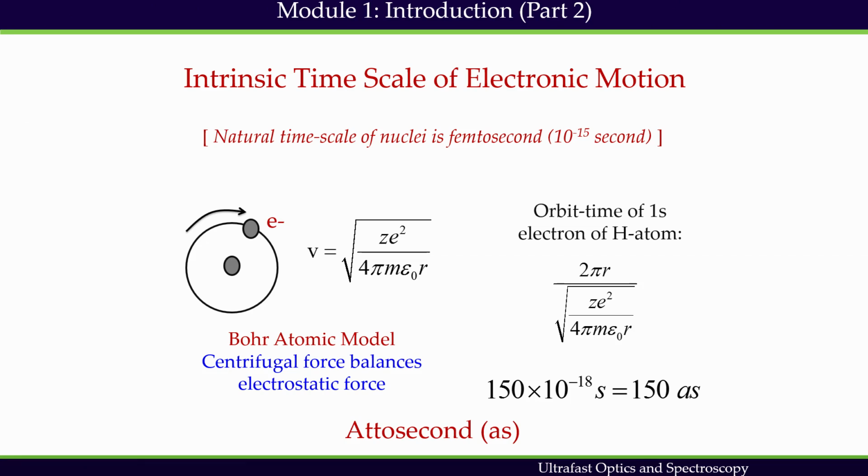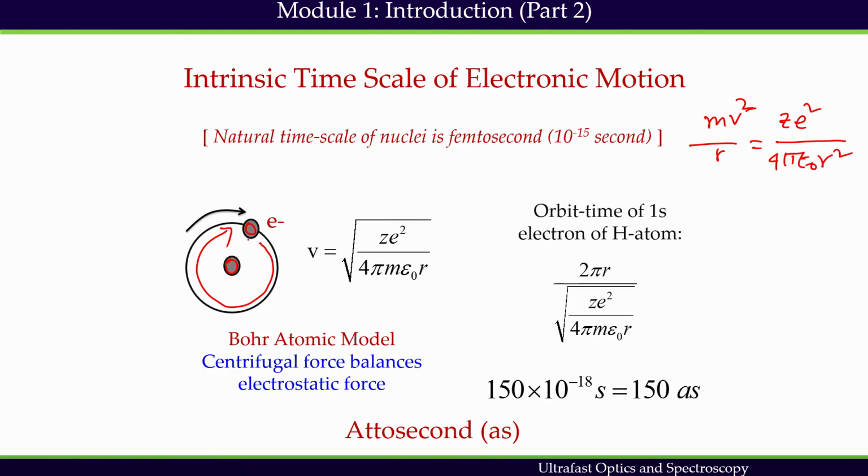So, if we consider the Bohr atomic model, we have a nucleus here and an electron orbiting the nucleus. When it's orbiting there are two forces: the centrifugal force, given by mv square by r, which must be equal to the Coulombic electrostatic force, e square by 4 pi epsilon naught r square.